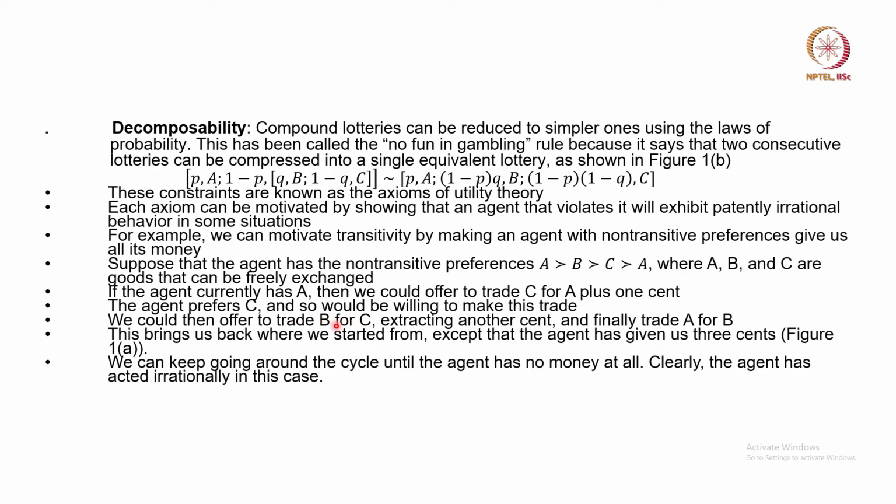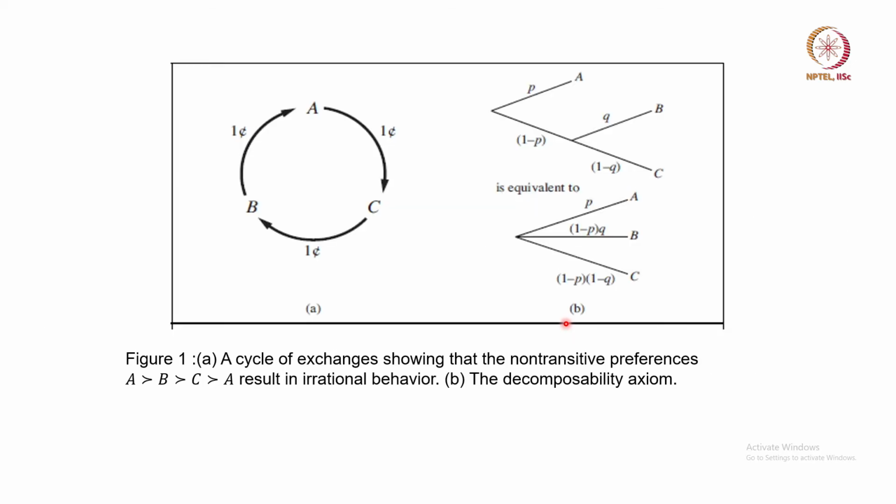We could then offer to trade B for C, extracting another cent, and finally trade A for B. So we come back to the starting point and the agent has given us 3 cents. And you can keep going through the same procedure again and again till the agent has no money. So this actually is irrational behavior basically. So this is not really done.